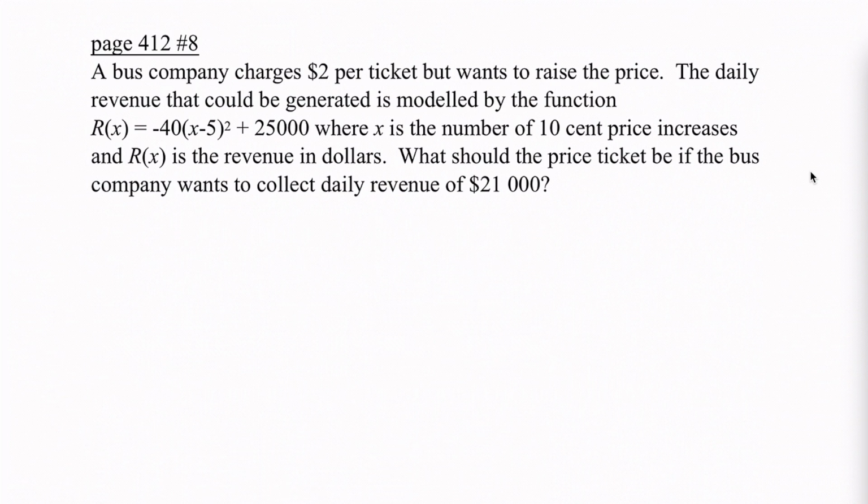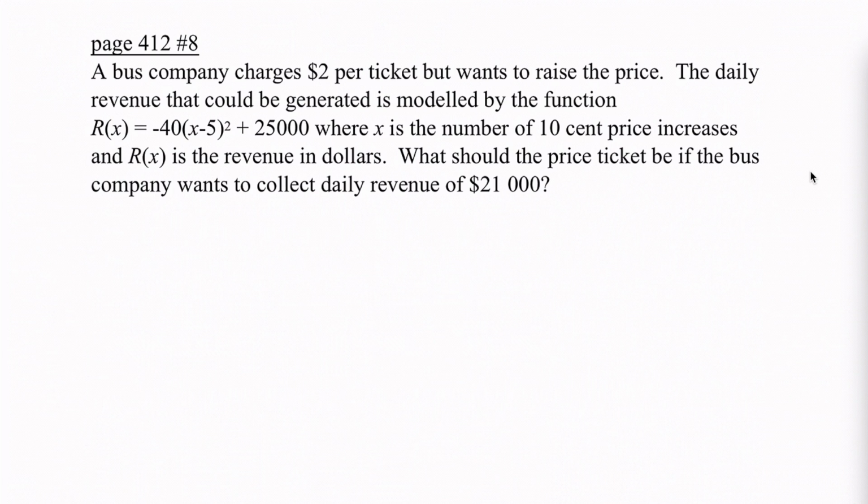So this is the last example we're going to look at. It's actually in your textbook on page 412. It's number 8. So it says a bus company charges $2 per ticket but wants to raise the price. The daily revenue that could be generated is modeled by the function, and then they give us this function right here. So r of x equals negative 40 times x minus 5 squared plus 25,000.